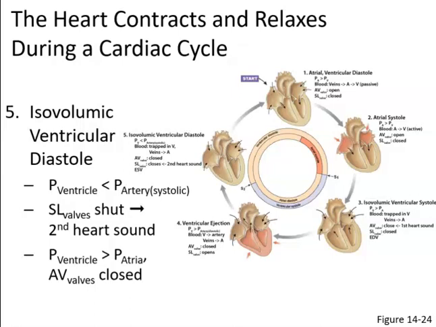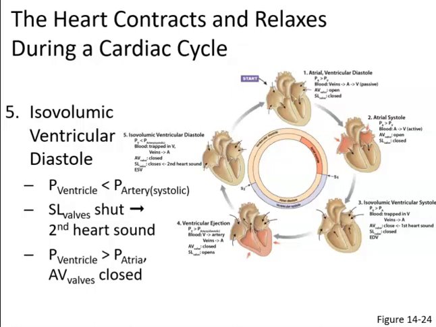So the pressure within the ventricles is still greater than the pressure in the atria at this point, so the AV valves are still closed. However, once the pressure within the atria increases above the pressure of the ventricles, that is when the AV valves will start to open and then start a new cardiac cycle.